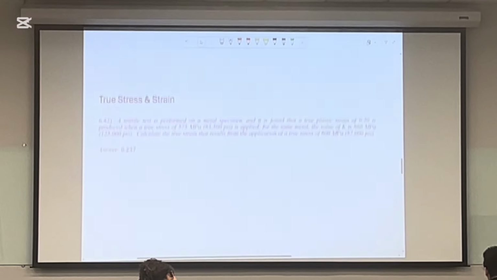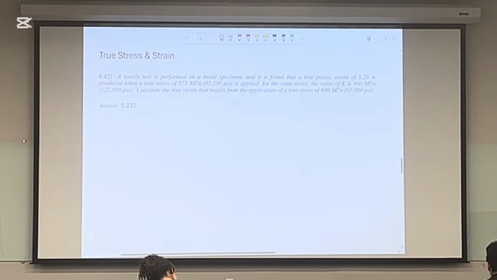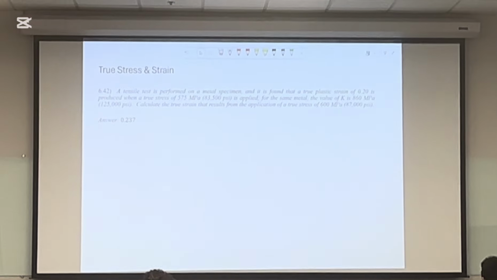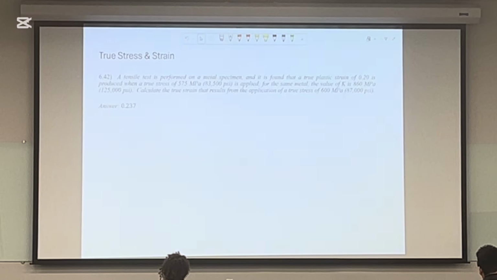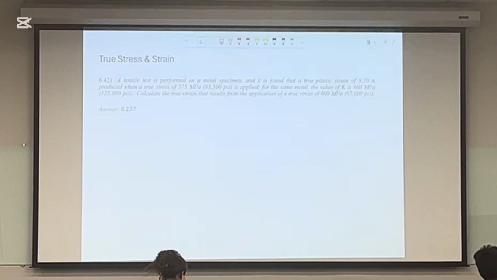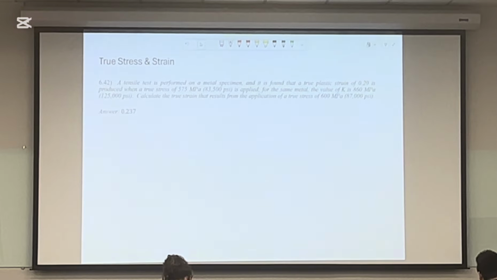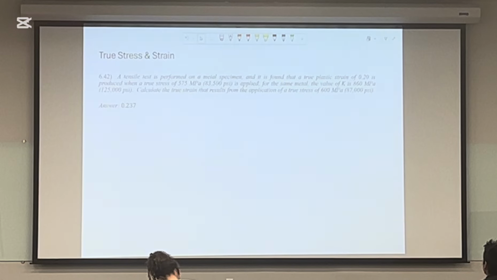Okay, so let's move to the next concept, which is true stress and true strain. Are you familiar with true stress and strain? Let me see if I can find it before going through the questions.